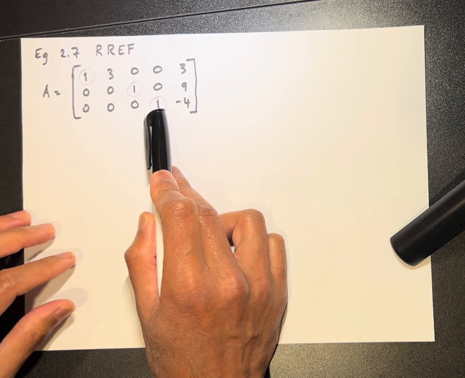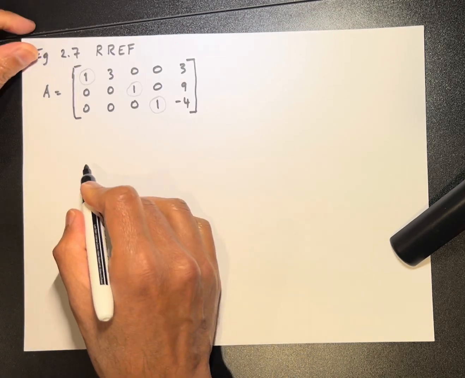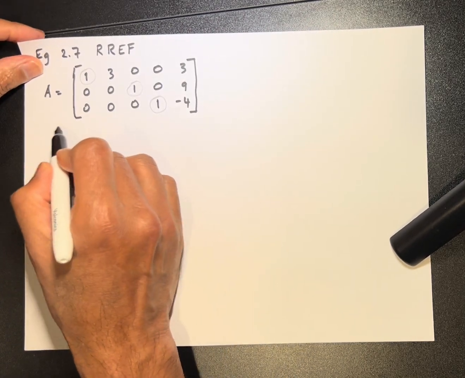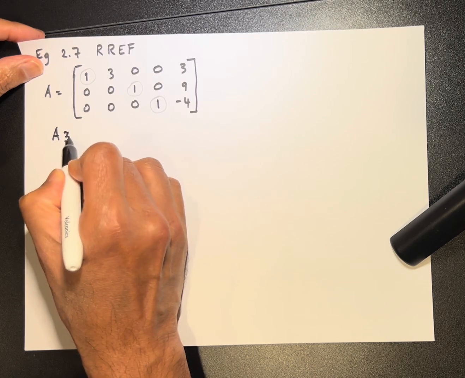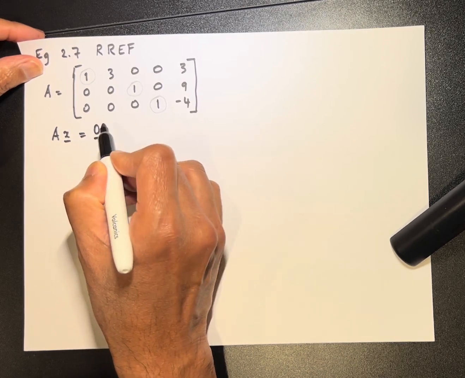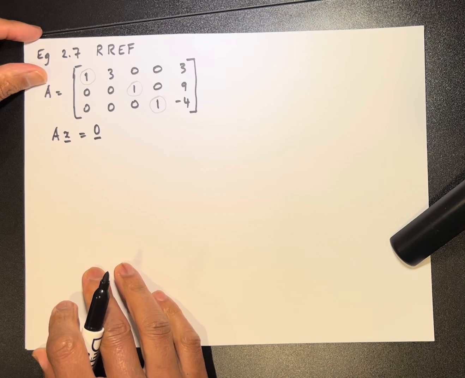So the general solution: now they are taking Ax equal to 0, so they're not worried about Ax equal to B. Let's just take Ax equal to 0.